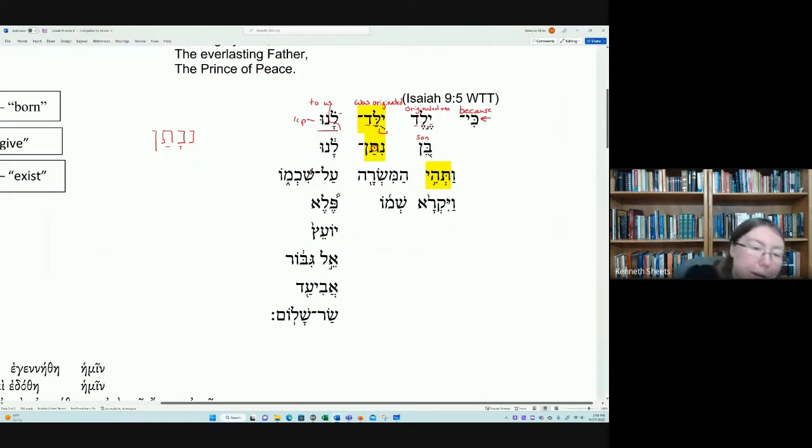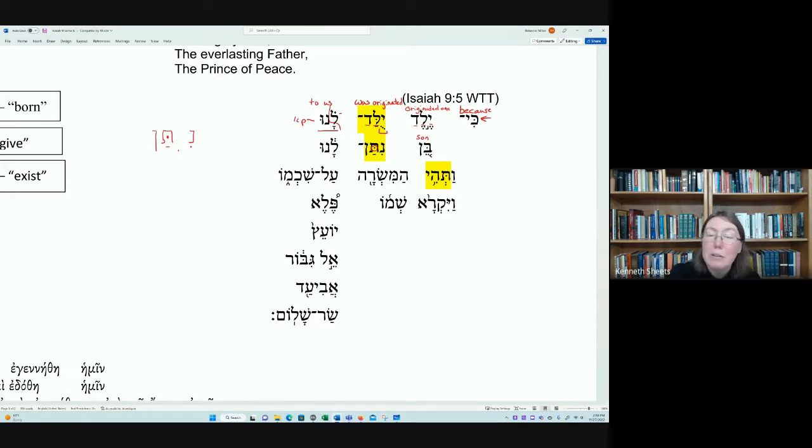And so when I attach that, then this first noon of the root becomes silent. And thus it is vowelless, which means that because that noon is vowelless, it is going to assimilate, and a Dagesh forte compensative is going to be placed in the following letter. And thus we have Natan, which is exactly the form that we have here.